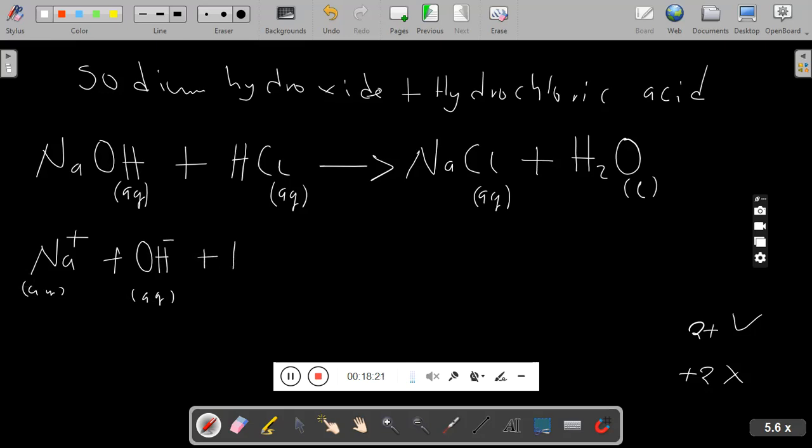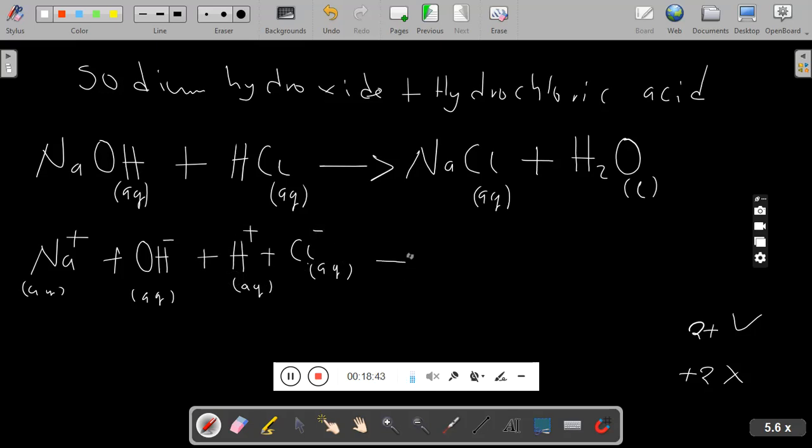Also we split it because it is aqueous, so it gives us hydrogen positive and it gives us chlorine here, which is negative. By now you should have known that the valence of chlorine is 1, and being a non-metal, that would be negative 1. So it's just a negative, we don't say 1 negative.